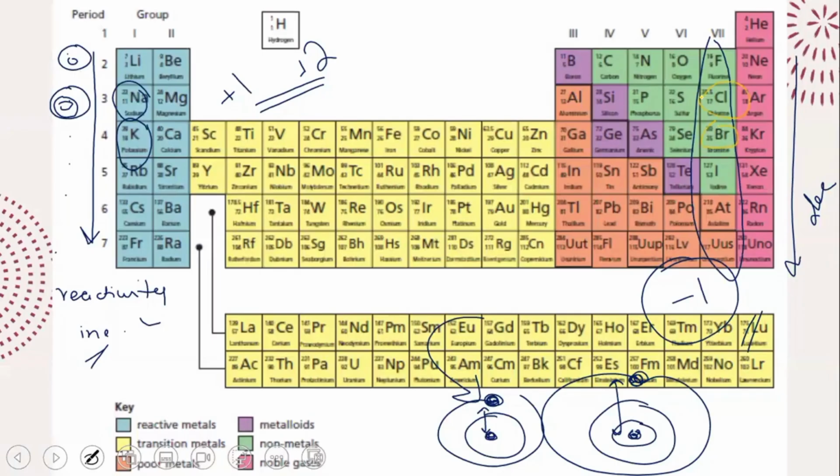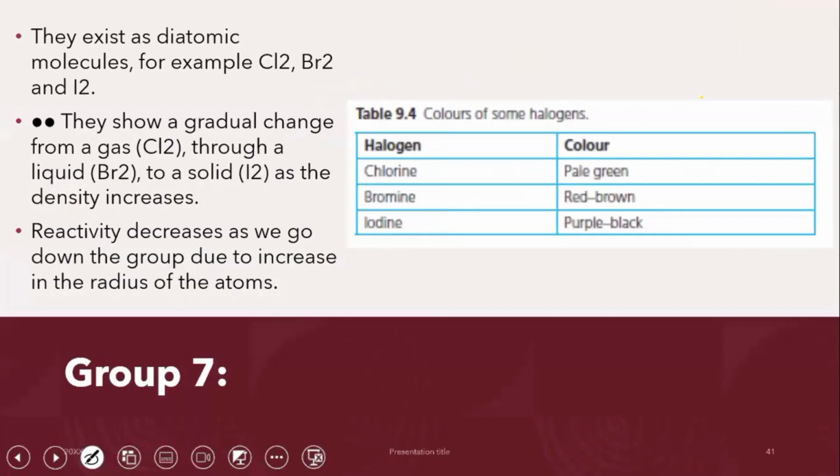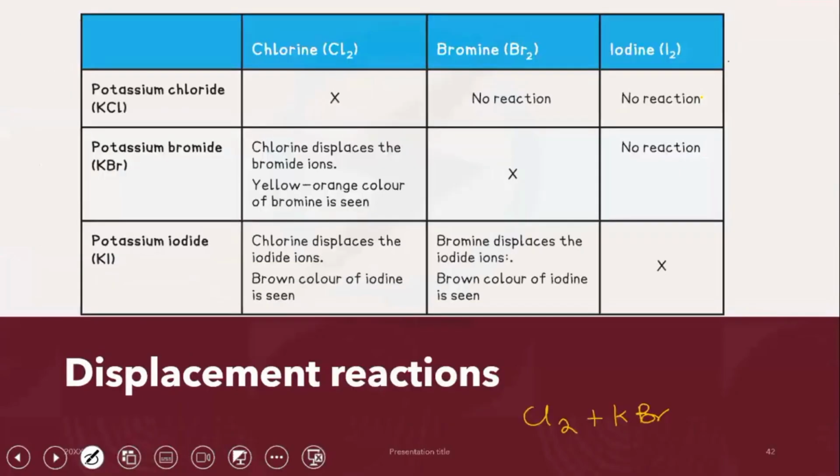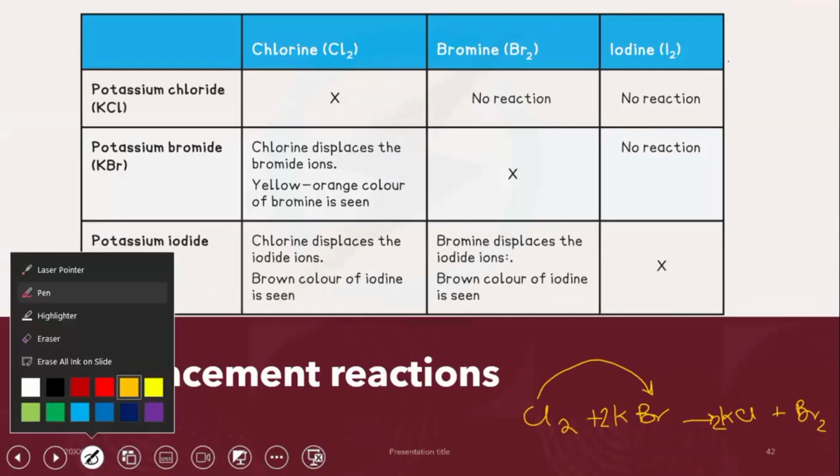So what is going to happen? Since chlorine is more reactive, it can remove bromine from its compound. And it will give you potassium chloride and bromine. And you will observe a color change. That's why I put this table in front of you.